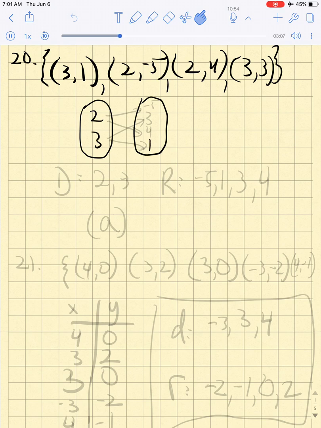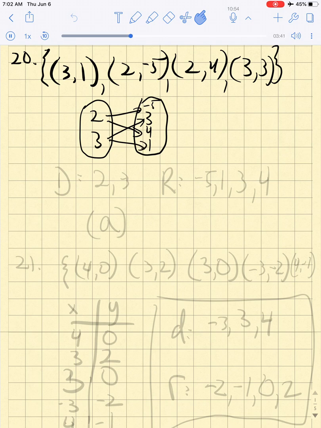So we're going to say 1, 4, 3, -5. That's how they did it. So when x is 2, the output is -5, but also when x is 2, the output is 4. So we've mapped all the possible y values for 2. You have to map all the possible y values for 3, which are +3 or 1.